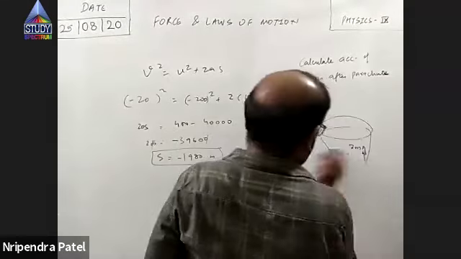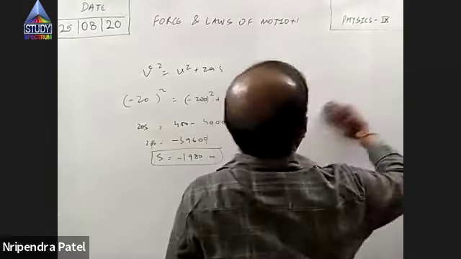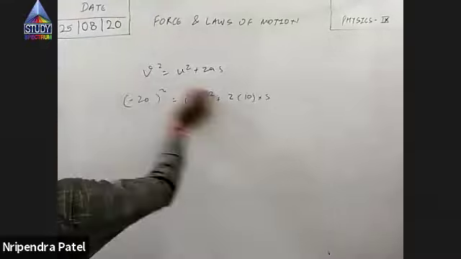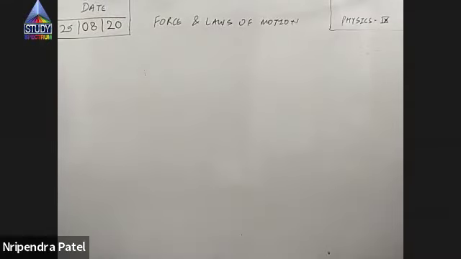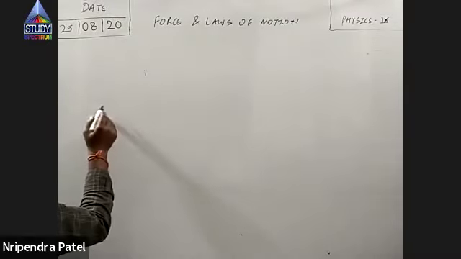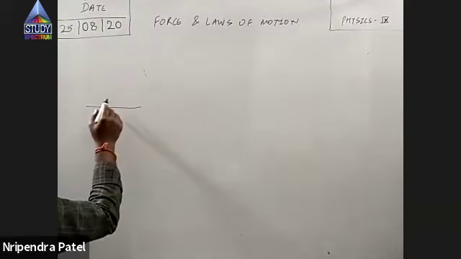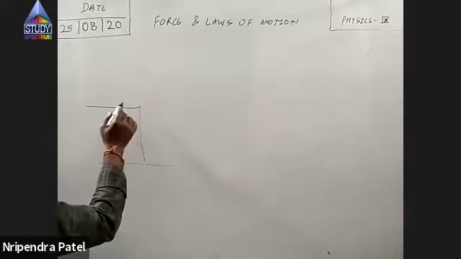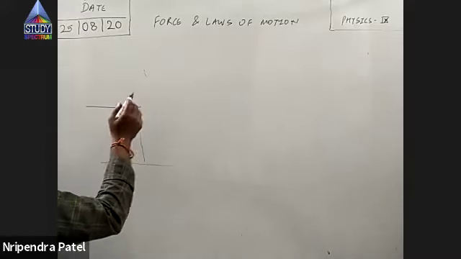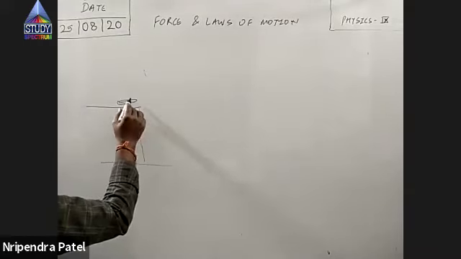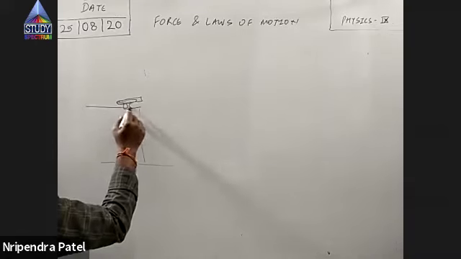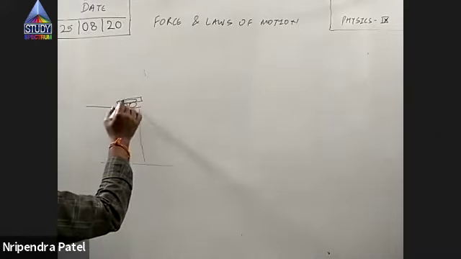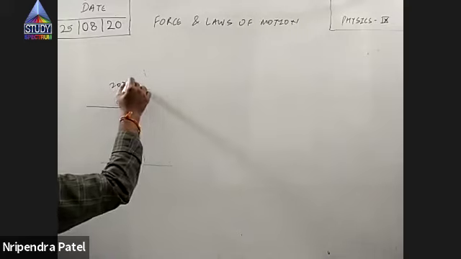Next is law of conservation of momentum. There's a cannon kept on a hill, somewhere. There's a cannon of mass 200 kg.